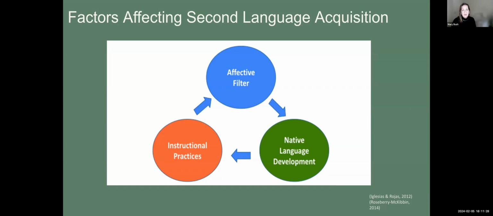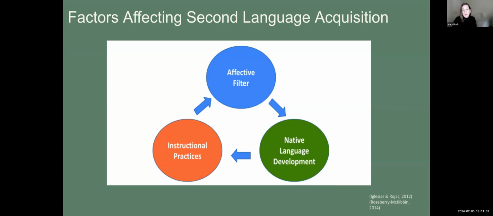Another thing that affects second language acquisition is their native language development. Remember our BICS and CALP? Well, it doesn't just exist in the second language, but it also exists in their primary language. So I often ask a district when they call and start asking questions about assessment, I say, well, what is their language like in their native language?